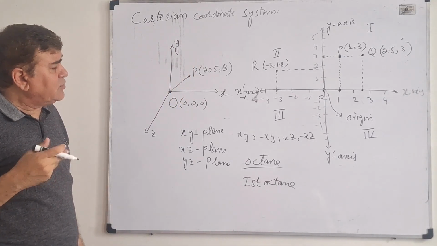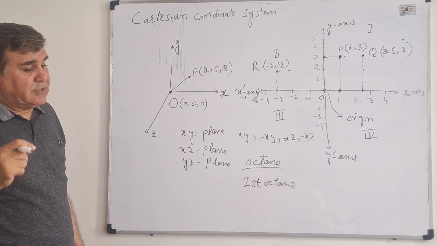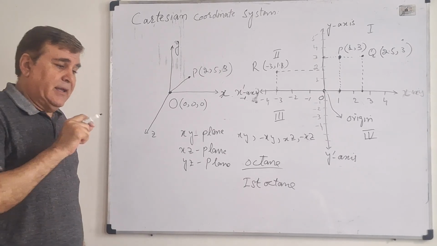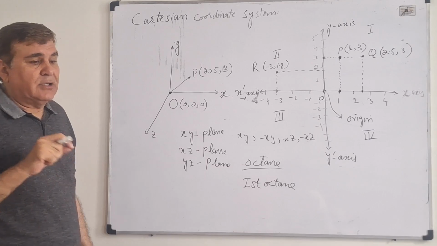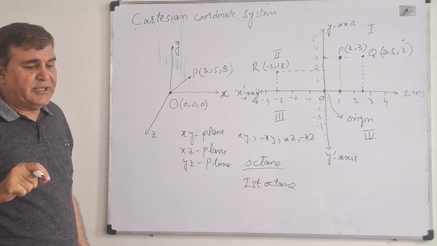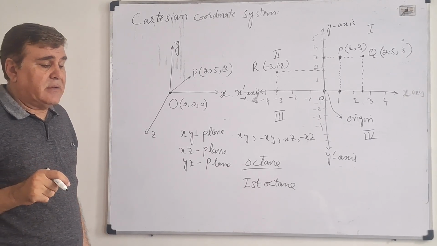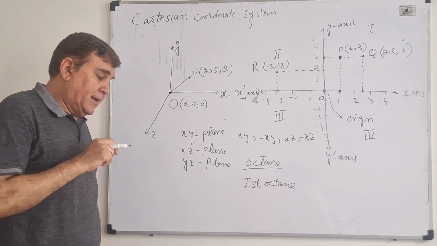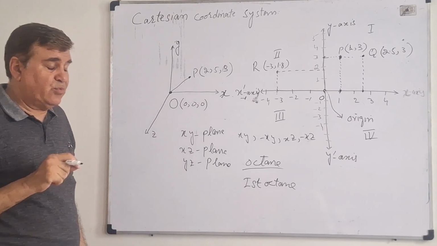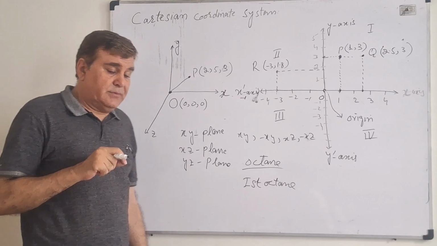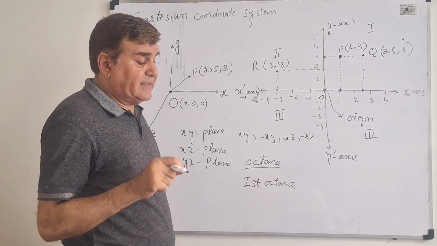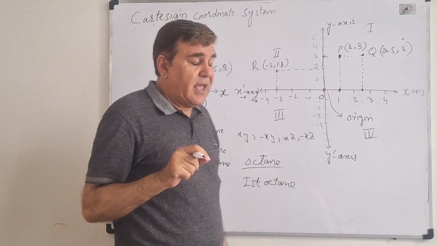This way we represent points in a plane by using the 2-dimensional Cartesian coordinate system, and in a space in 3 dimensions we use 3 coordinate axes.